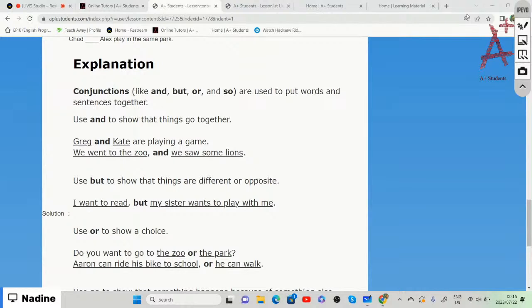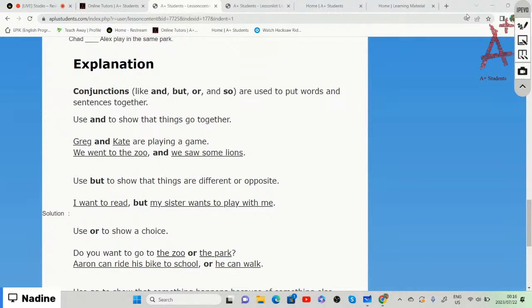And once again, we use and to show that things go together. For example, we have Greg and Kate, Chad and Alex, Mia and Leah.